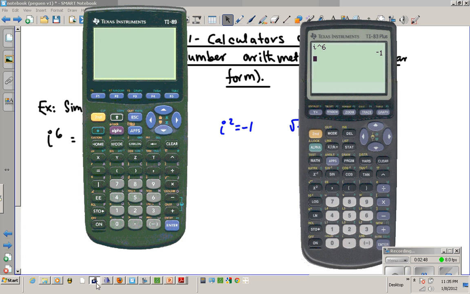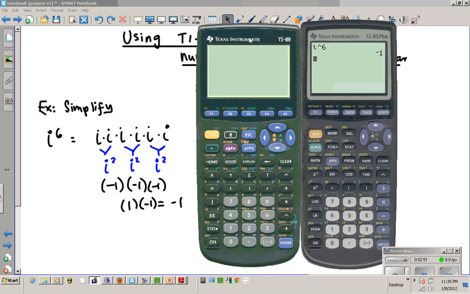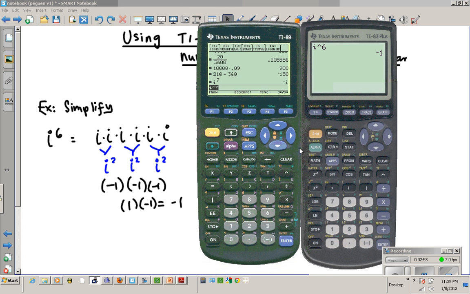Okay? And if you have the TI-89, same process, but the i is located in a different position. So second function catalog should bring up the i. And then exponentiation is a caret, just like the other one, raised to the 6th power. Boom, negative 1. But when you're doing higher powers, like i to the 7th, this one tends to fall apart. So let's compare them. If I wanted to do i to the 7th, for example, i to the 7th is negative i.